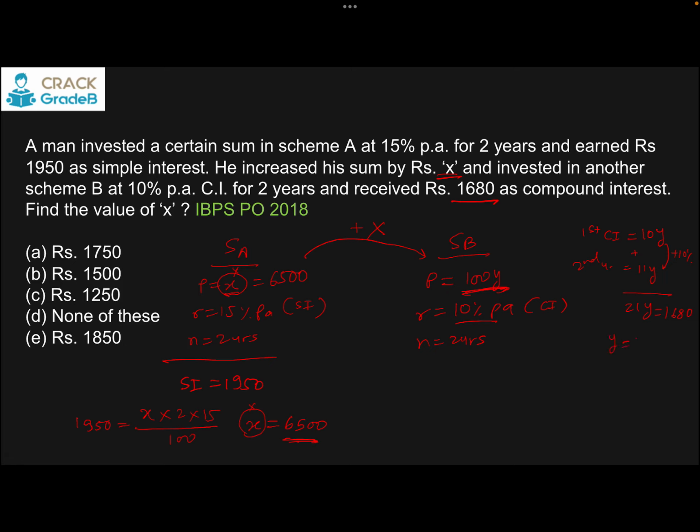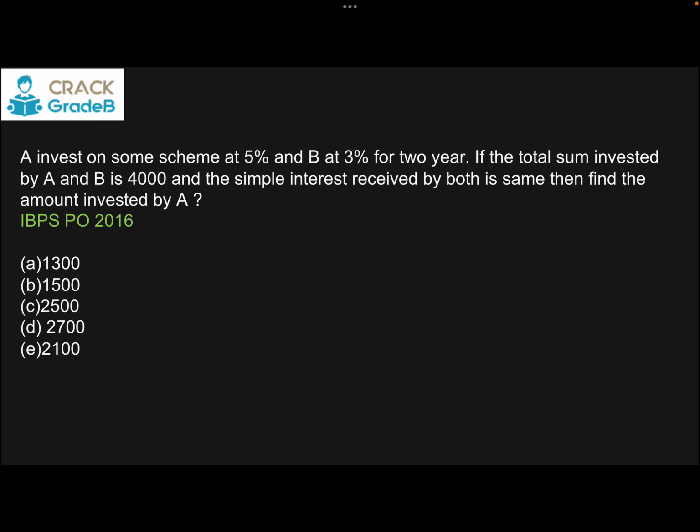So clearly the value of y is going to be 80. So here we are investing 80 into 100, that is 8000. They are asking how much more we are investing, or what is the value of x. As compared to 6500, now if we are investing 8000, that means we are investing 1500 more. So hence the answer is 1500.